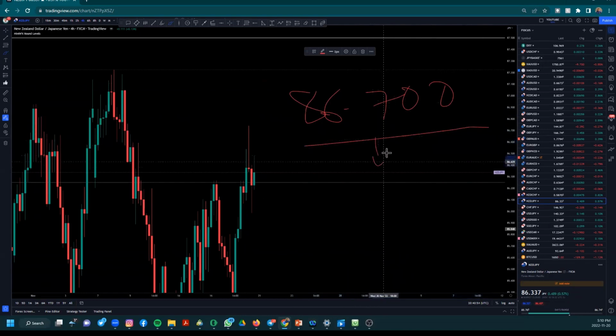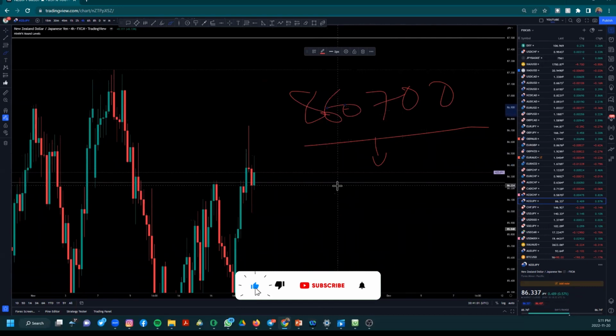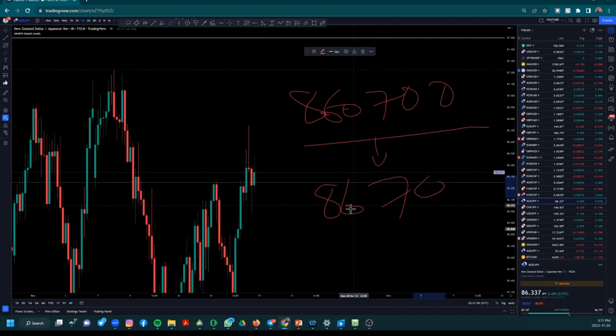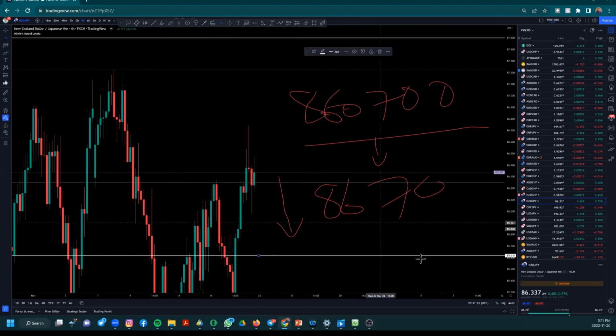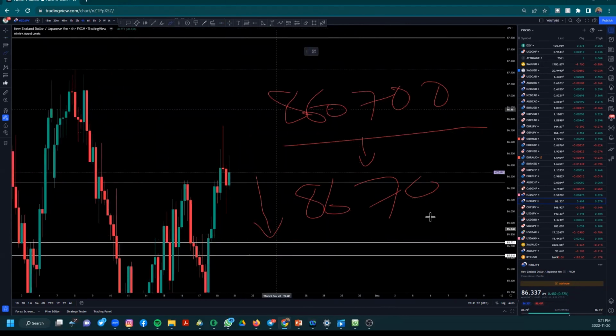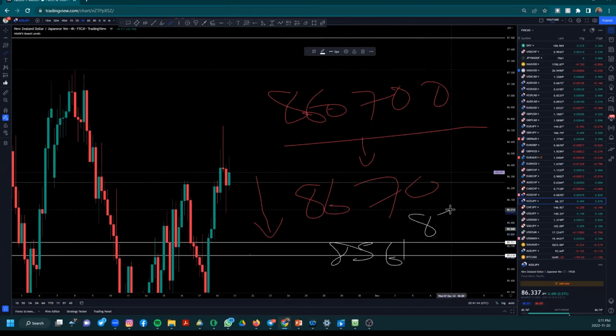How you calculate the pips is very simple. All you do is take away the decimal point. So you have 8670. If this moves from 8670 down to, let's say, 85.61, this would also become 8561.